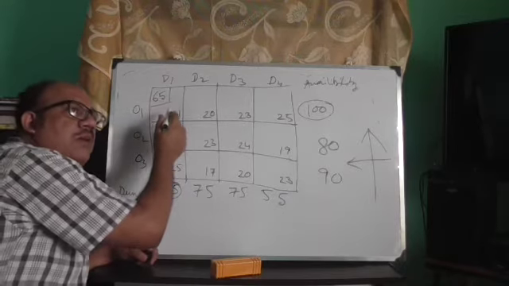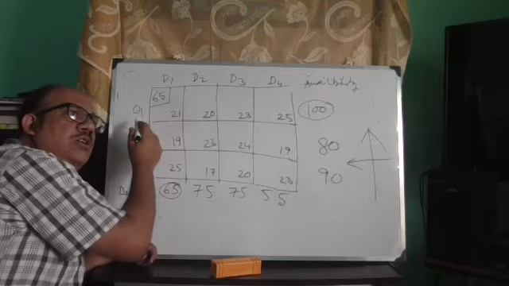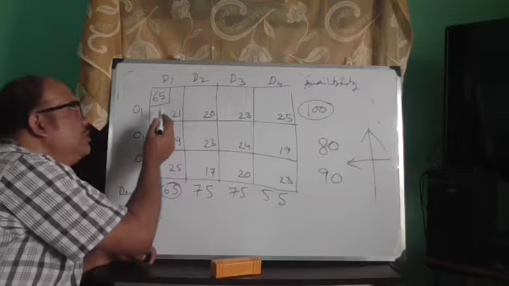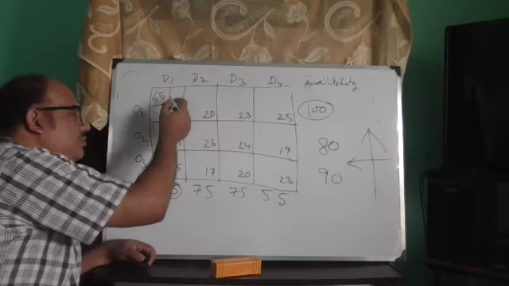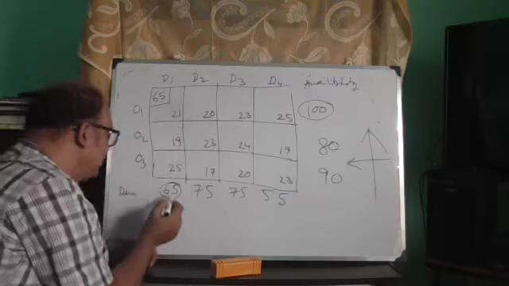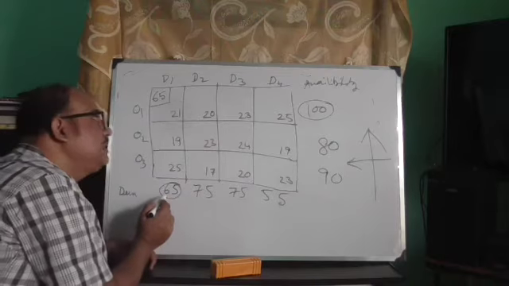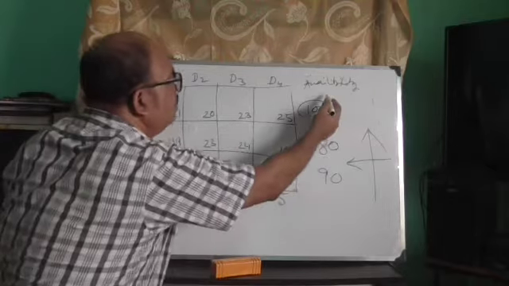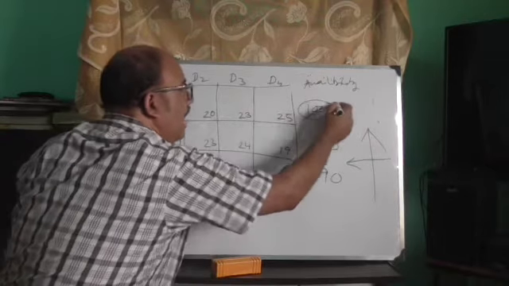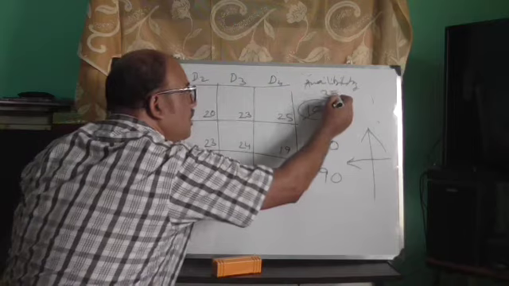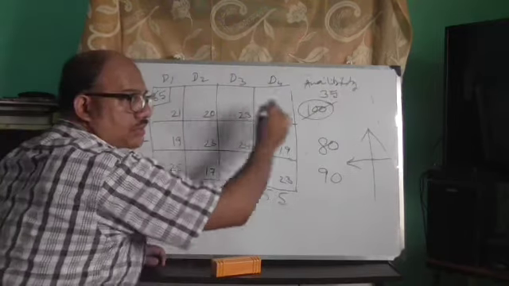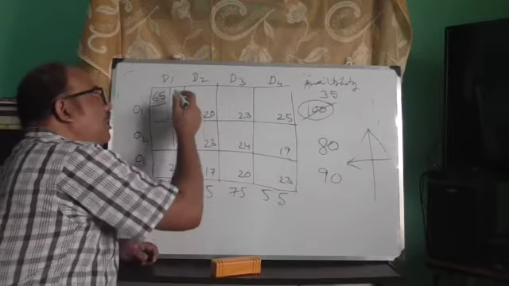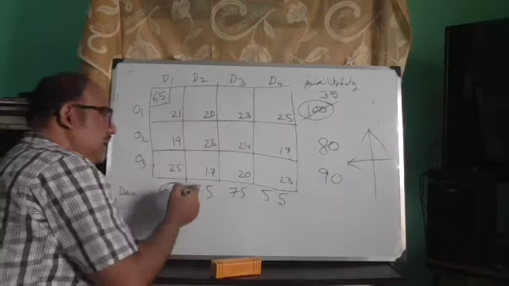That means I am transporting 65 units from origin 1 to destination 1. Destination 1's demand was 65 and that is already fulfilled. So I have used up 65 units, and I am left with 35 units from origin 1.